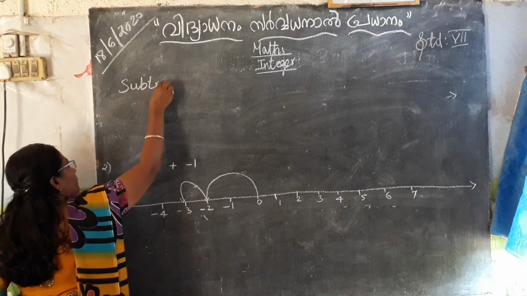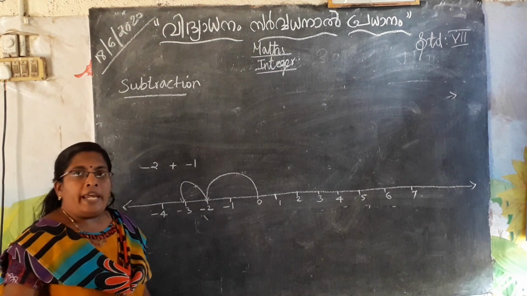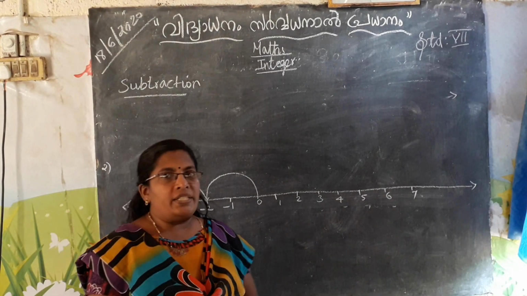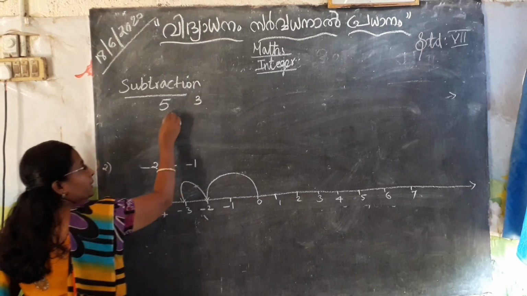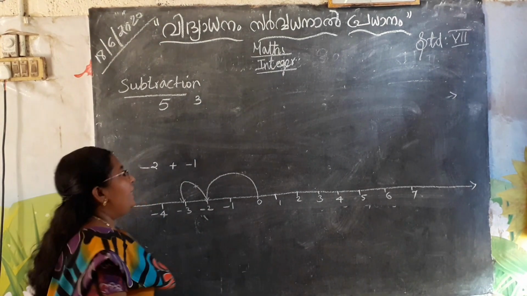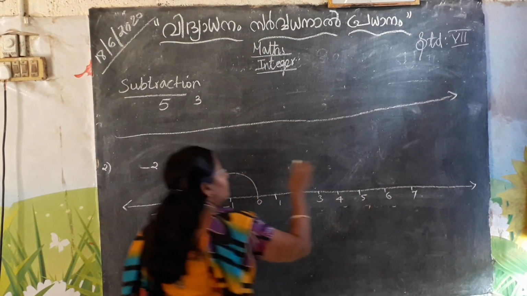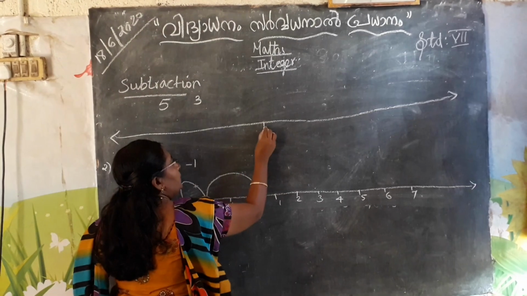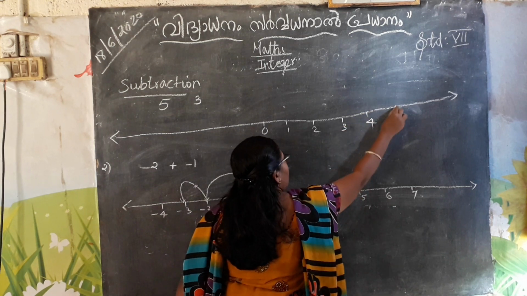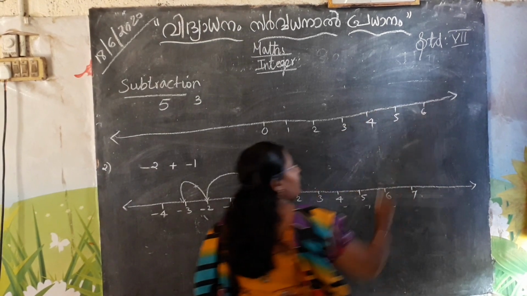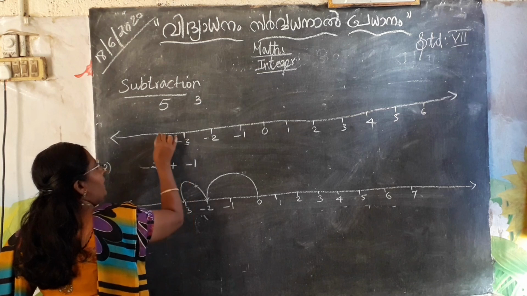Subtraction. In a number line, take two positive integers and subtract: 5 and 3. These two are positive integers. In a number line, how to do? See it. 0, 1, 2, 3, 4, 5, 6, then -1, -2, -3, -4.